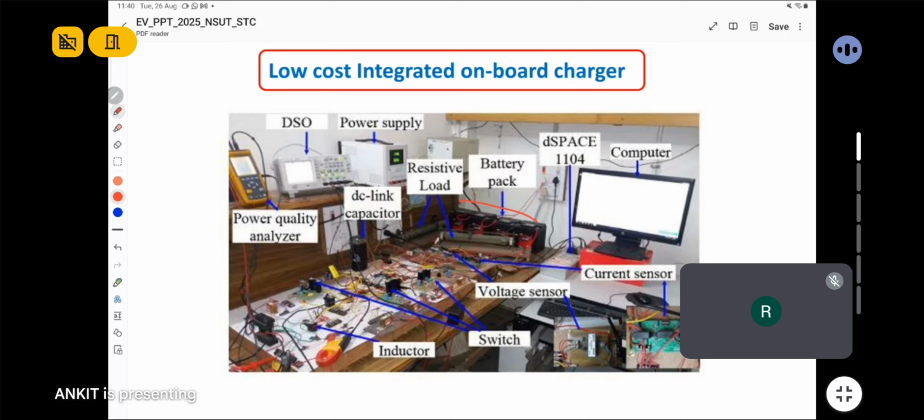Here 48 volt, four 12 volt batteries are used, and the others are controlled through the dSPACE 1104 controller, and these are the switches. The resistive load is used to implement the propulsion operation.